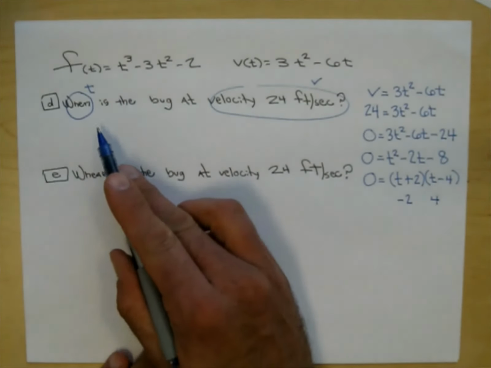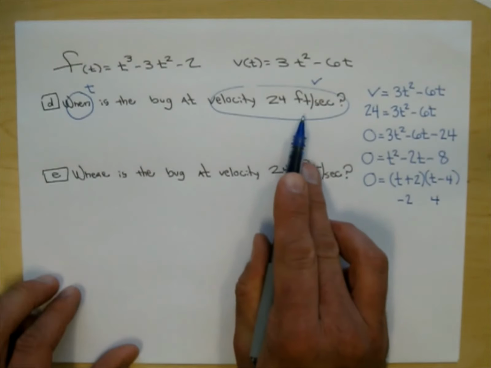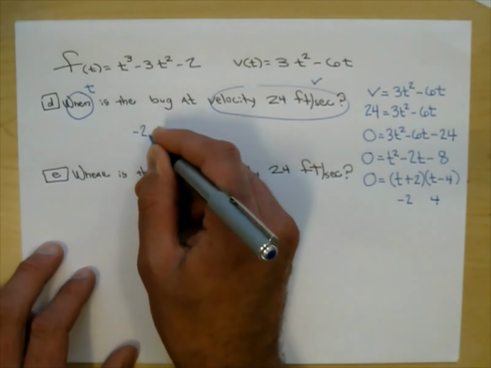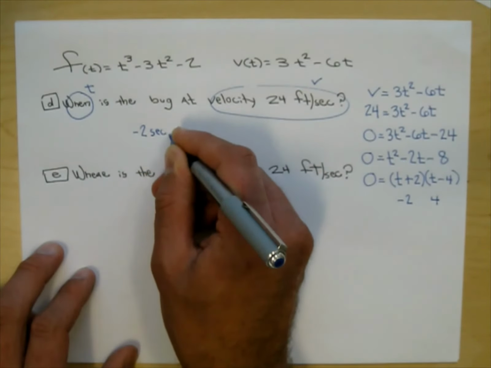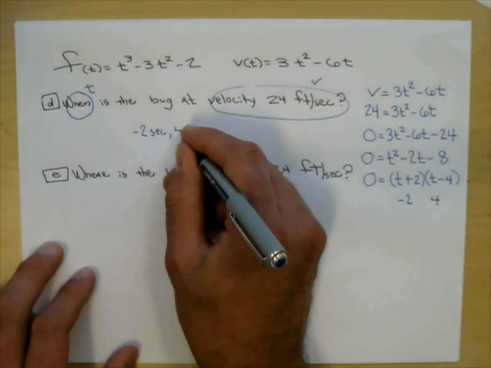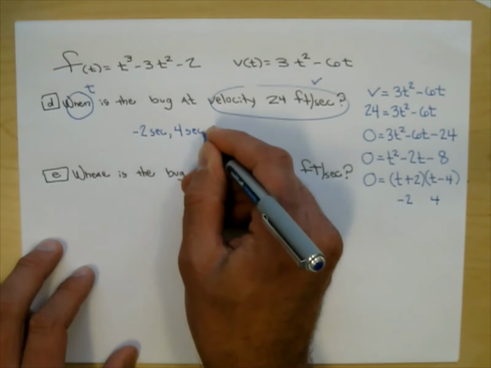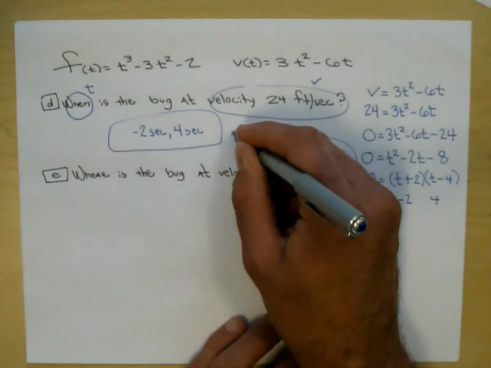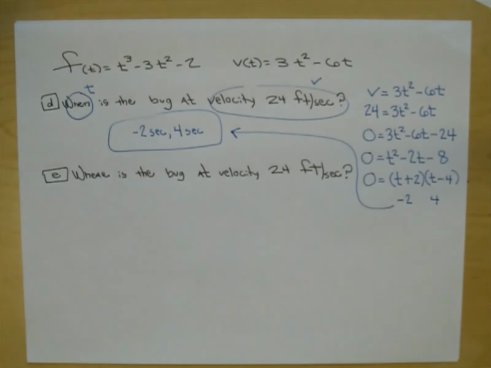So when is the bug at velocity 24 feet per second? There's actually 2 times. At time negative 2 seconds, that's 2 seconds ago, and at 4 seconds. And so, we'll go like this to show that we kind of put the answer there.